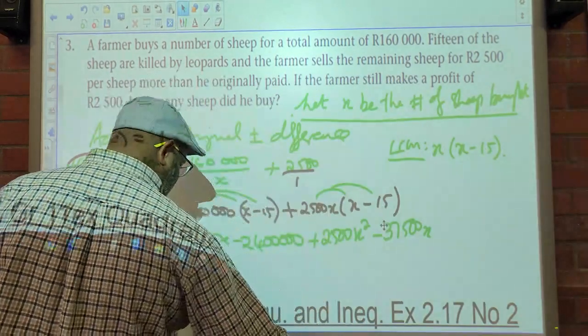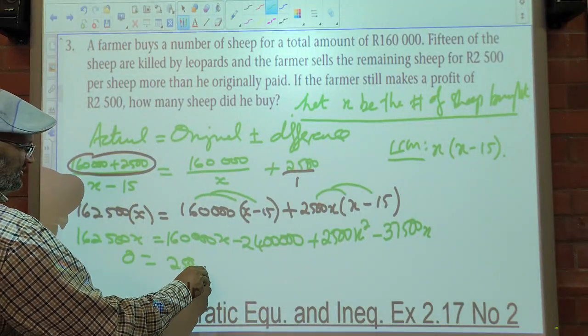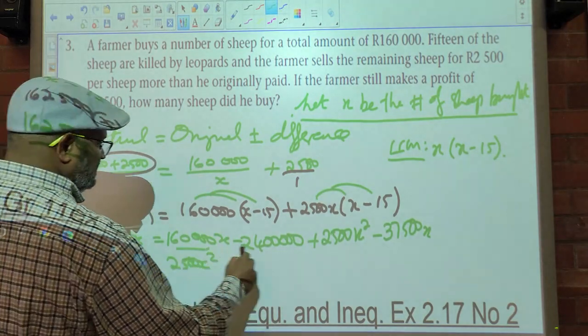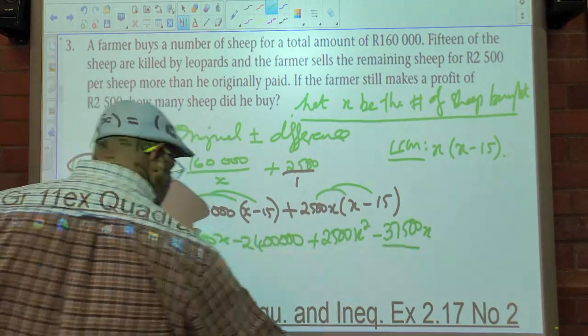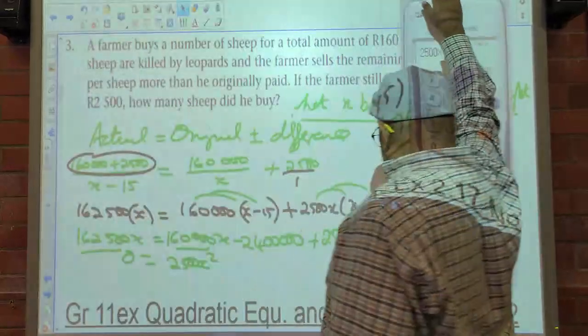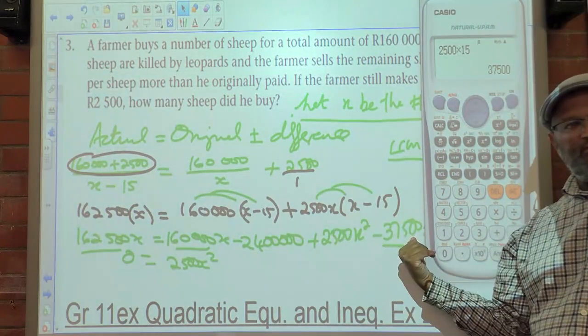So now we take everything to one side of the equal sign. So 0 is equal to 2,500x squared. So there's an x, there's an x, and there's an x. So we put it straight in the calculator. Remember, everything is coming to the right hand side.